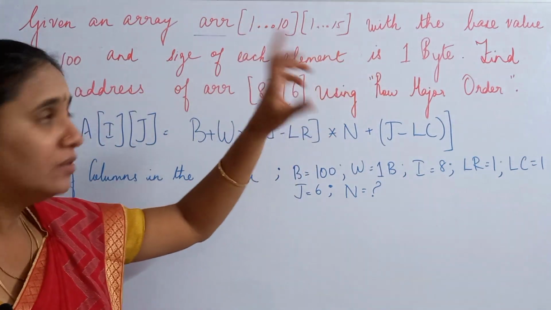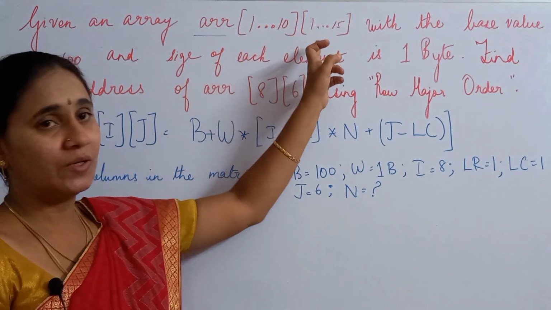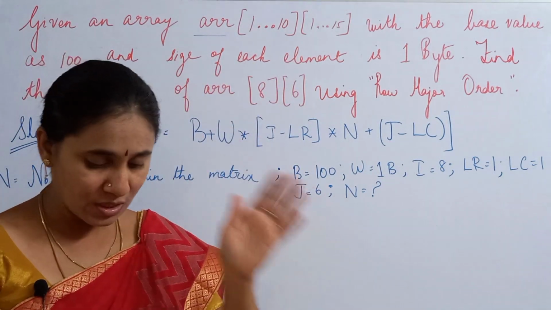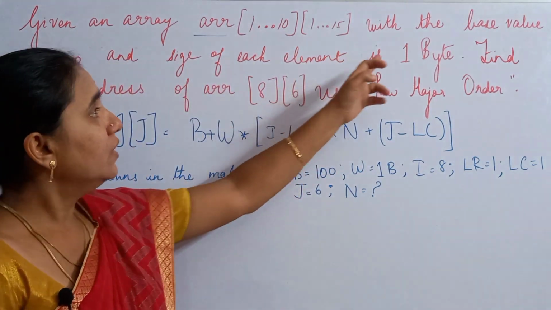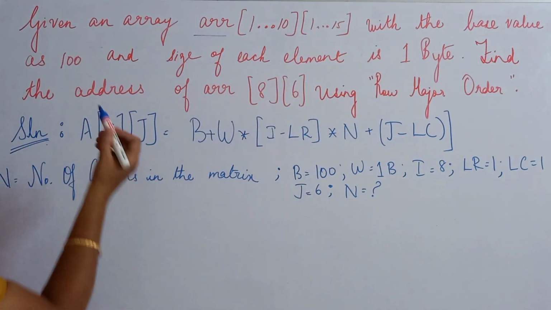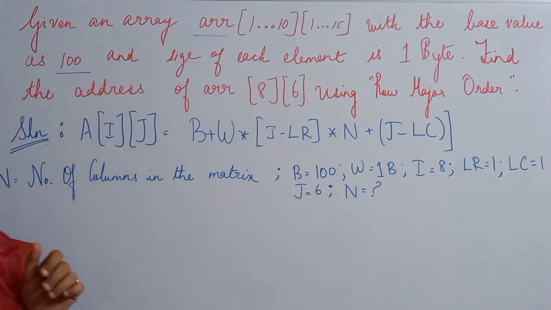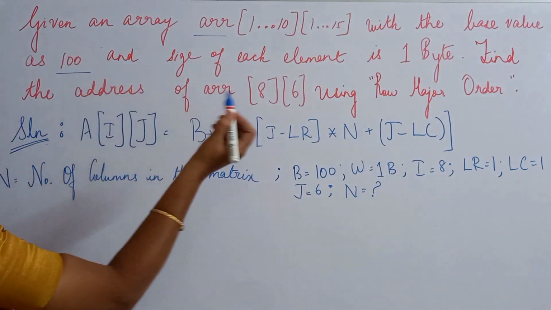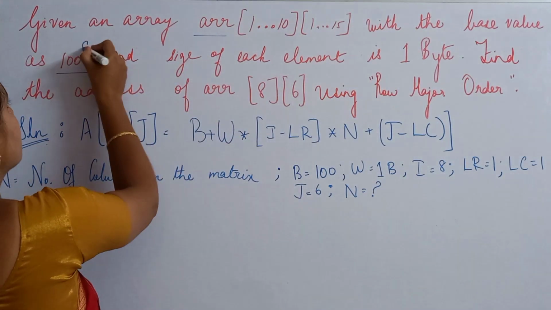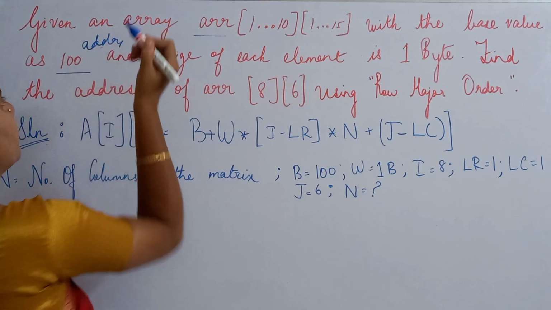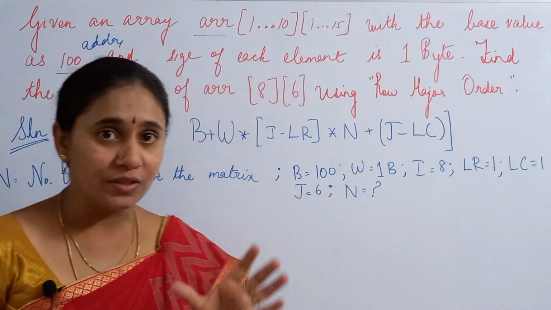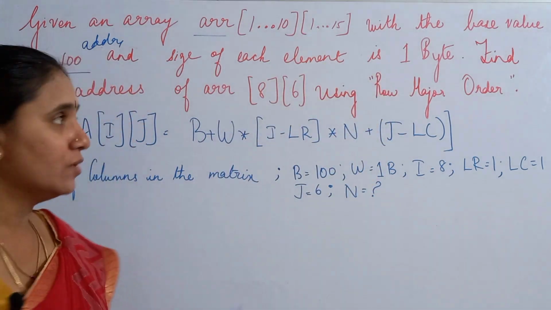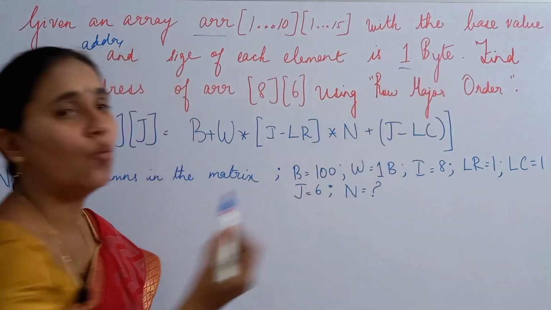So they have mentioned the lower bound as well as the upper bound for both rows and columns, with the base value given as 100. That is the base address, so value is nothing but the address. Then they have given the size of each element as 1 byte.